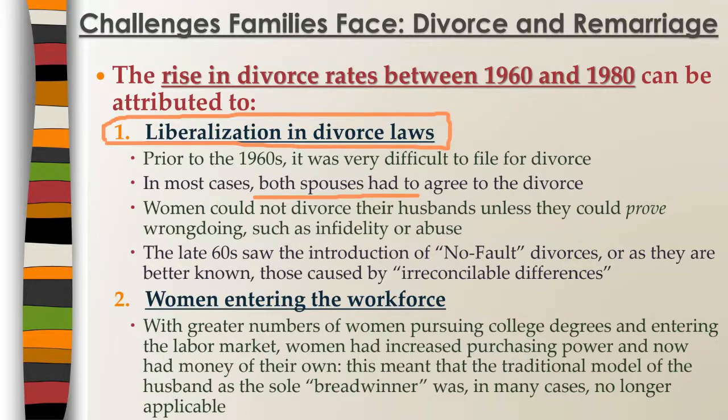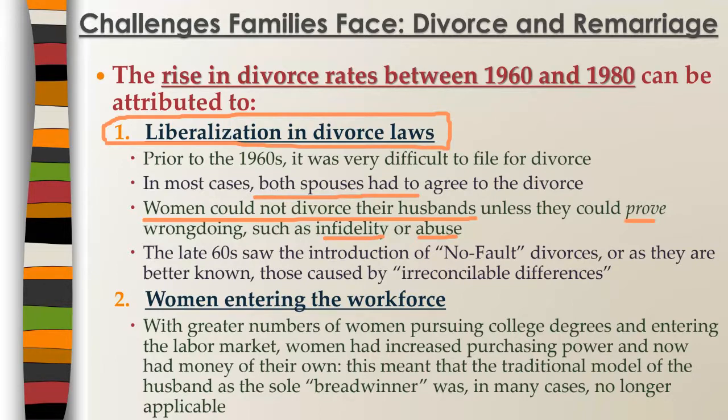And in particular, women could not divorce their husbands unless they could prove wrongdoing, like infidelity or abuse, which, to prove anything in a court of law, requires pretty specific documentation.